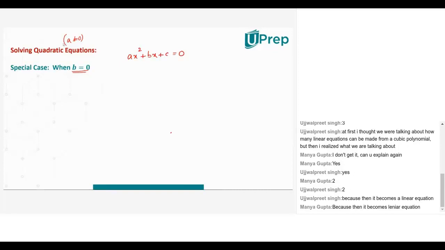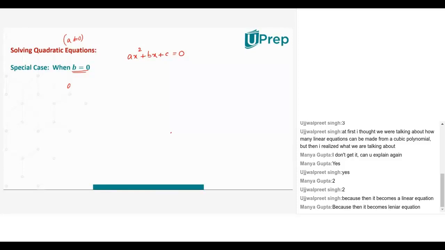Then it becomes a linear equation. Now, if a cannot be 0 but b can be 0, not a problem. Now what happens if b is 0? No need of factorizing. The solution is direct.